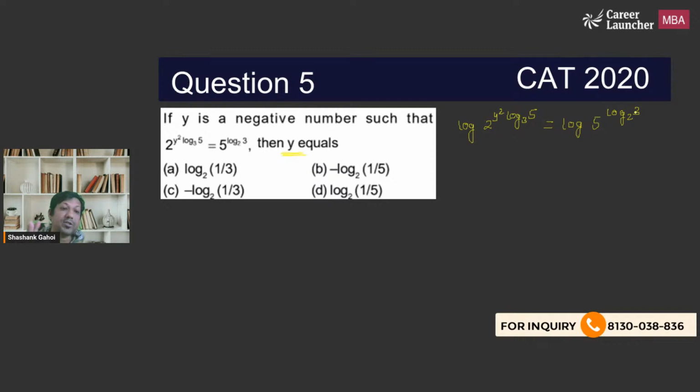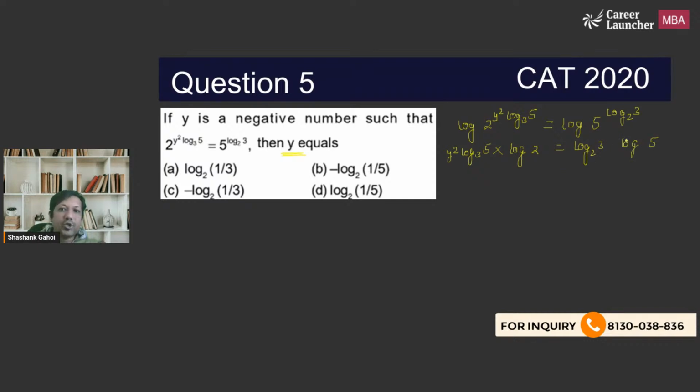I'll define the base of log later on because I don't know which log is going to be suitable for me at this point of time. So basically the power goes to multiplication. So I'm going to get y square log base 3 5 into log 2. And here it is going to be log base 2 3 log 5.